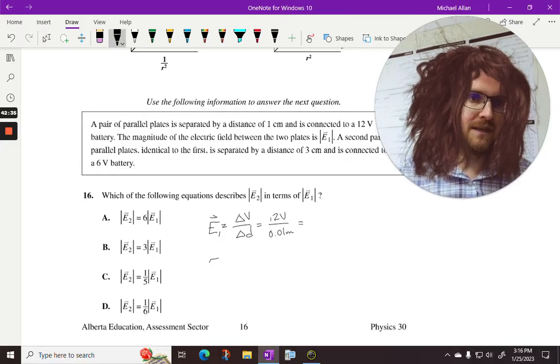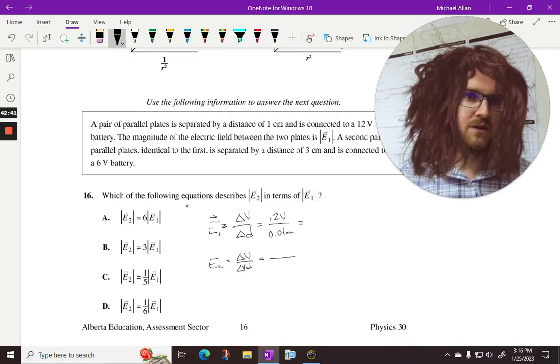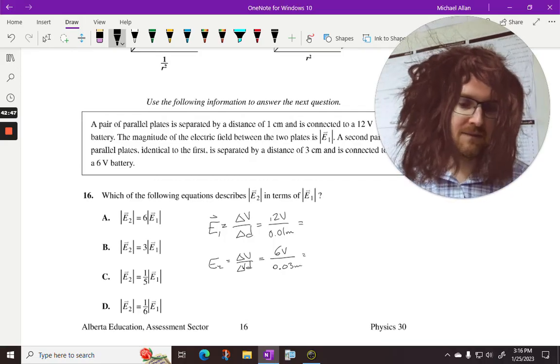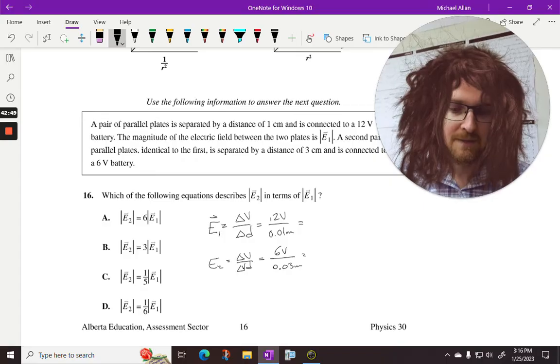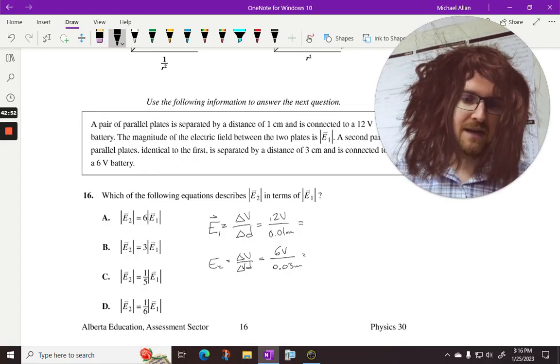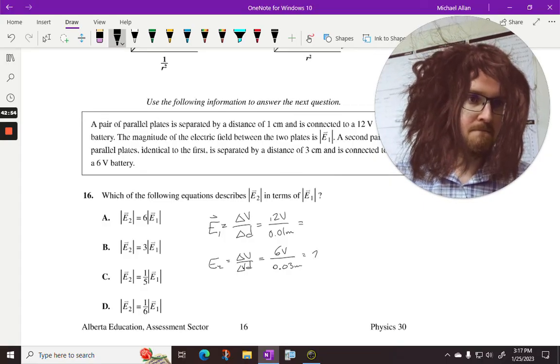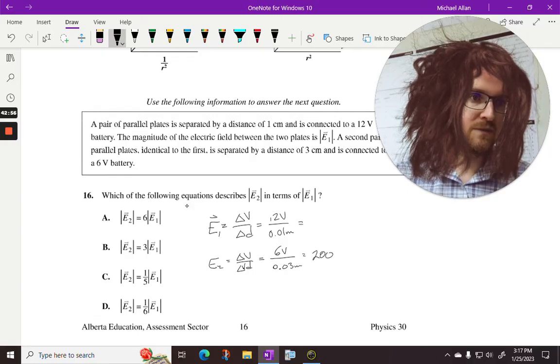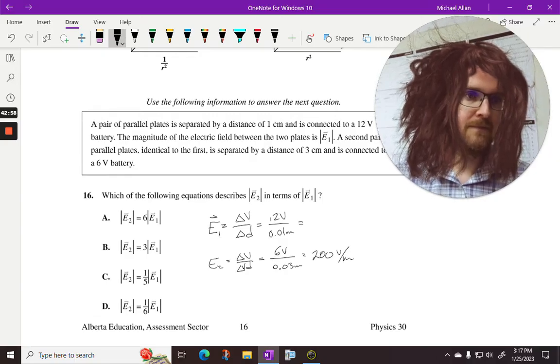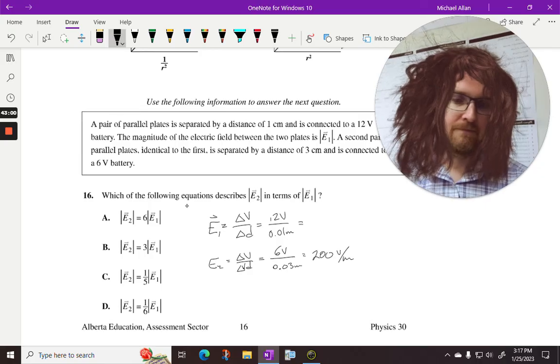For the second one, I'm dividing by a bigger number. So when I do that math, I get 1200 volts per meter for E1, and then if I do the other one, I get 200 volts per meter.